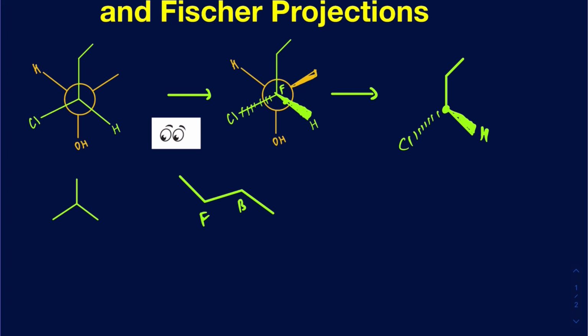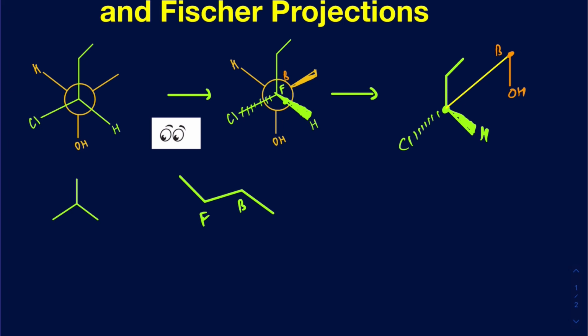And now when I'm drawing the back carbon, for right now what I'm going to do is just draw that straight up here. And then I'll worry about drawing it in a more presentable way in a minute. So this is going to be your back carbon here. On the back carbon, you can clearly see how this OH is literally opposite to the alcohol of the front carbon. So this OH needs to be pointed exactly down, opposite to the alcohol group.